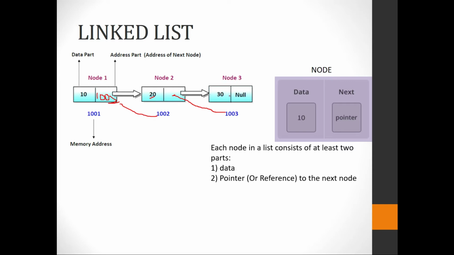Now, node 3 has its own data as 30. Since there are no other nodes after this particular node, node 3's pointer part points to null, which means there is no node connected to it.